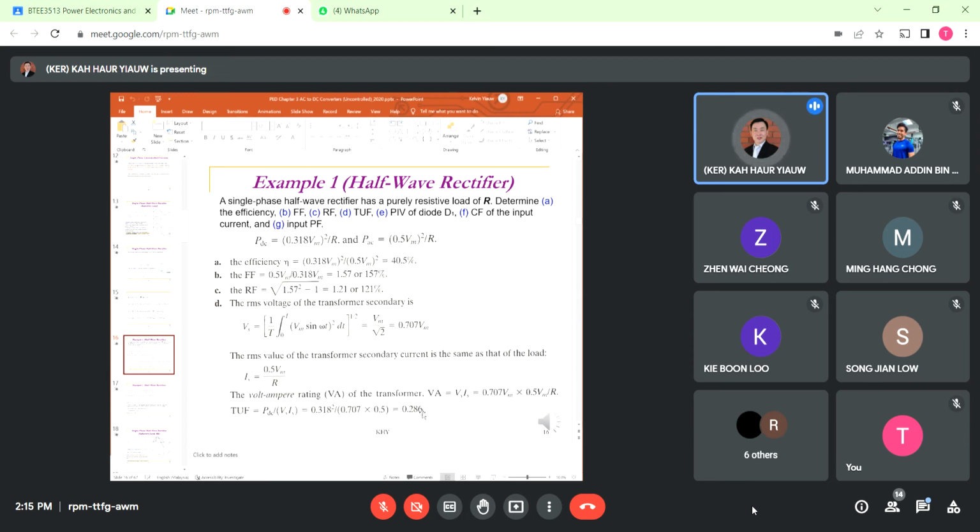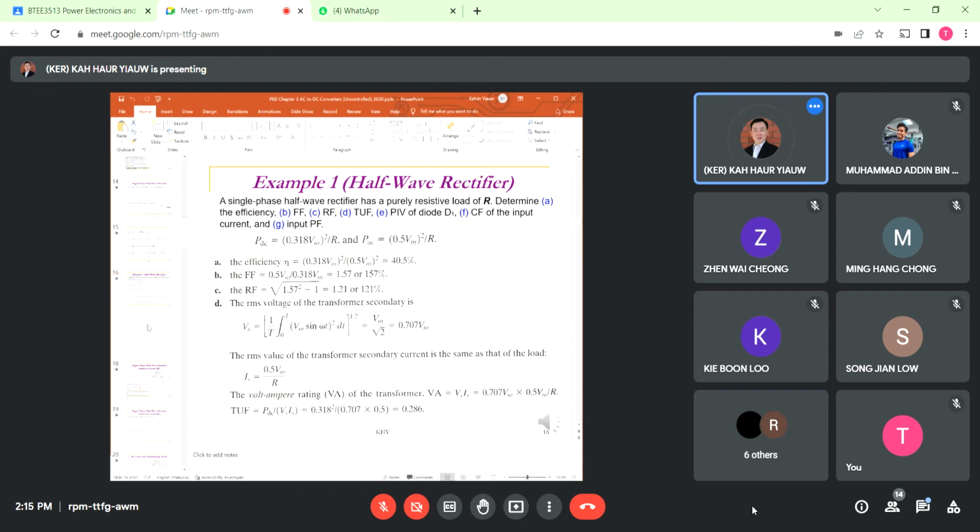If you do 1 over TUF, that will give you the rating, the size: how many times the size is actually required. So if you are measuring for this half-wave rectifier, normally you get a very small value, and hence the reciprocal will become bigger.